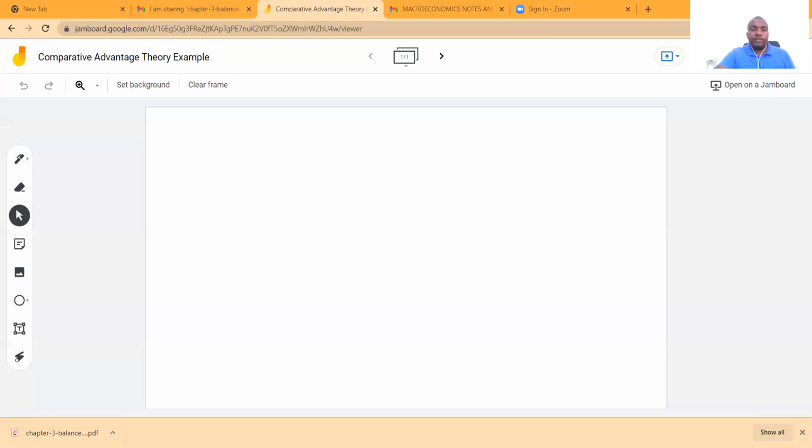So what we want to do today is to demonstrate a comparative advantage with an illustrative example. And I believe that this example is going to benefit you.